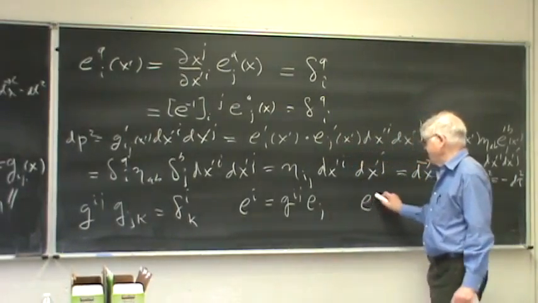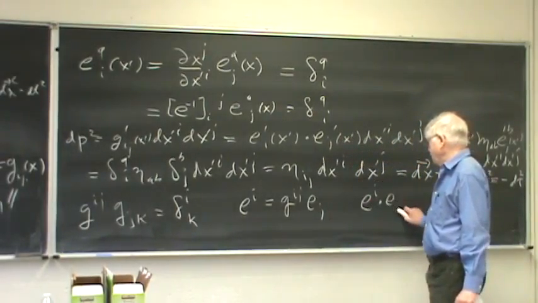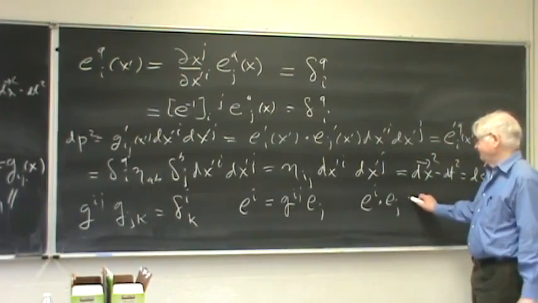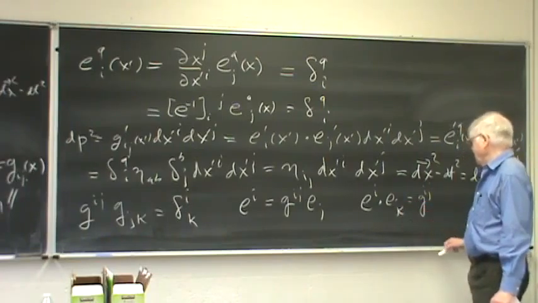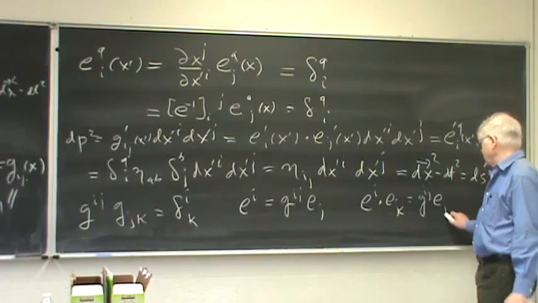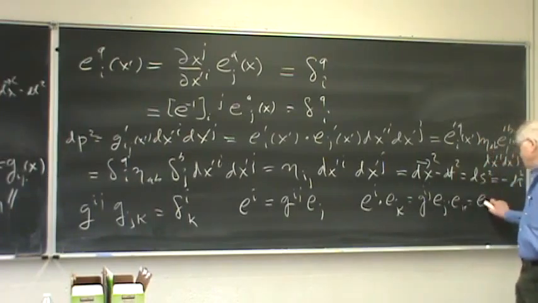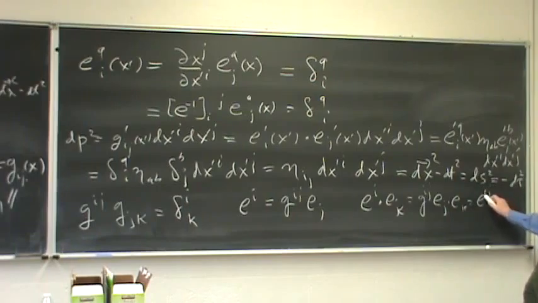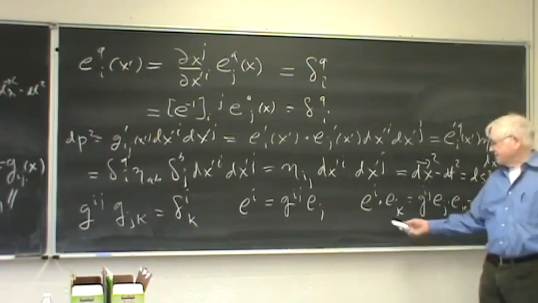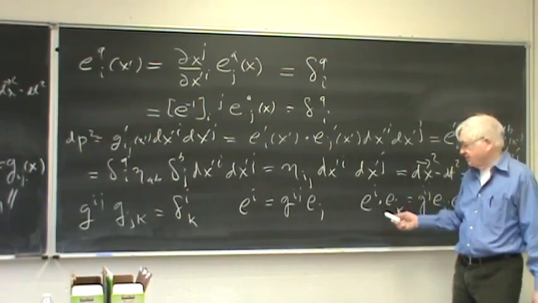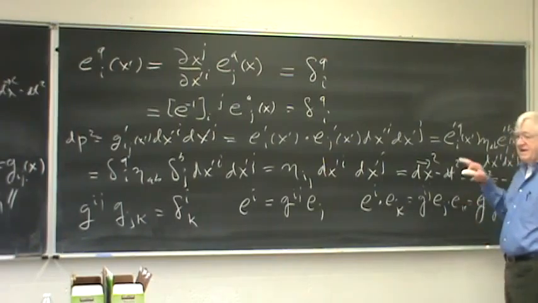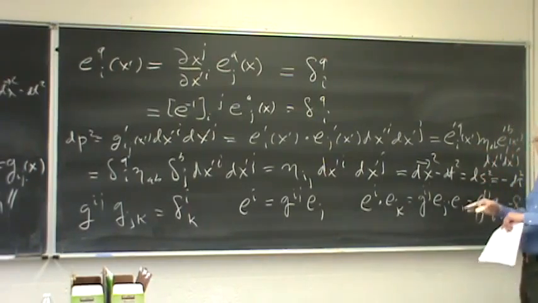And so that means that e^i dot e_j is g^ij, well, let's make this okay. g^ij e_j dot e_k, and that's g^ij g_jk, and this is just delta^i_k. So if you raise one space-time index using the inverse of the metric tensor, you get a tetrad that is dual to the ordinary tetrad.